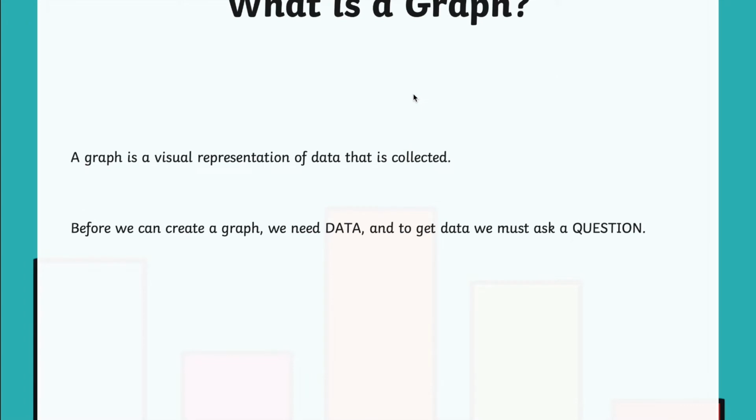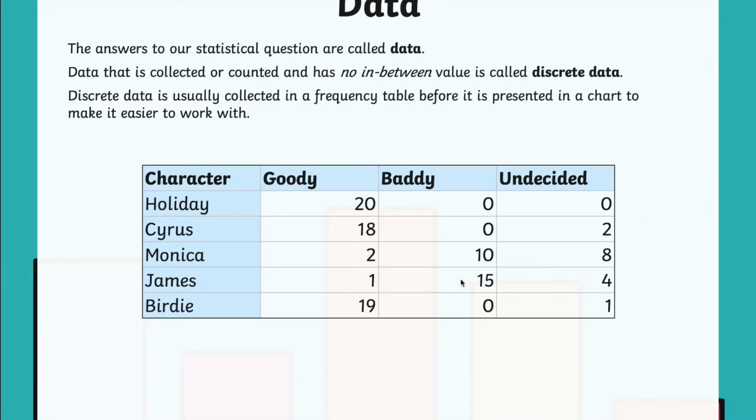So first of all, what is a graph? A graph is a visual representation of data that we've collected. So before we can create a graph, we need data. Here's an example of some data I've collected. I asked students in 5J whether they think these characters are goodies, baddies, or if they were undecided.